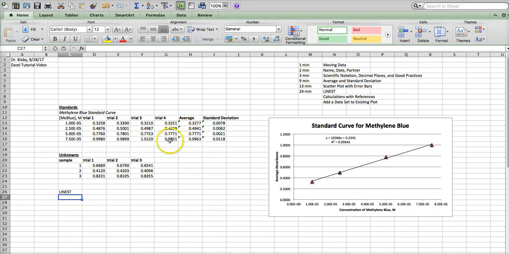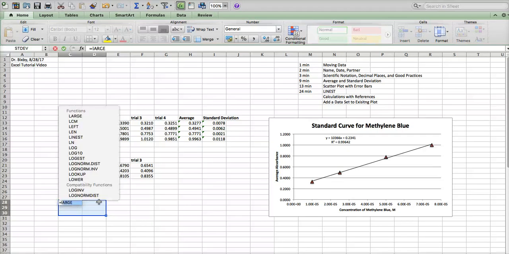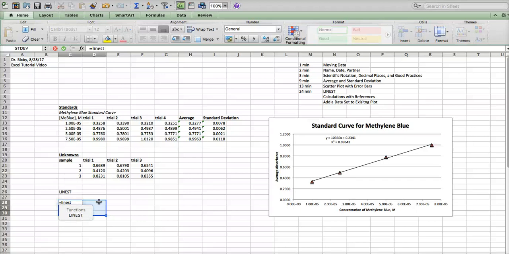You're going to be referencing your data up here, and I'm going to select a set of cells, 6 cells, a 2 by 3 set of cells, and while that whole selection is selected, I have to type in my equation. So I've got LINEST, okay, is what I want there, and then it asks for known y values and then known x values, and then some constant, and then stats.